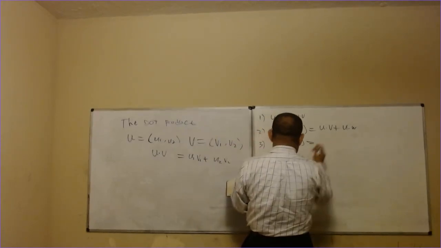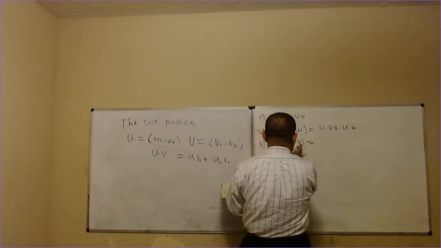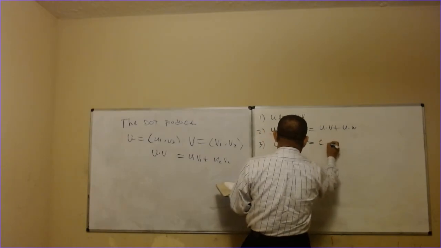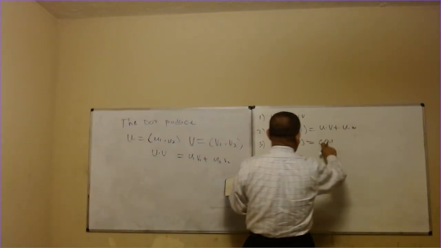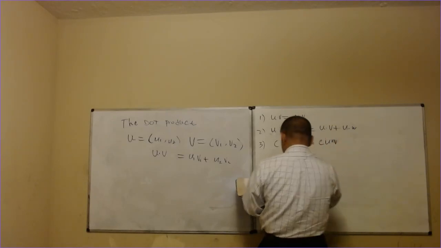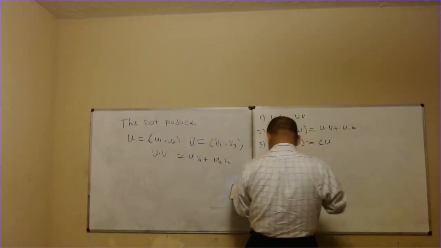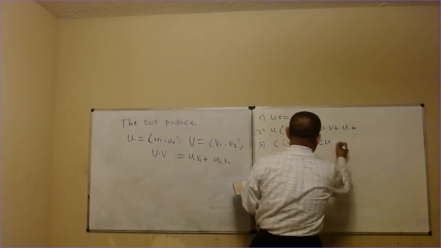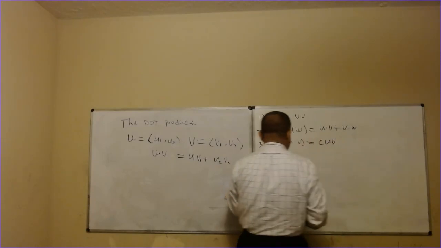All I gotta do is just multiply this, get rid of the parenthesis and write it: c u dot v, right? And that will do that because that is a dot right there, right?